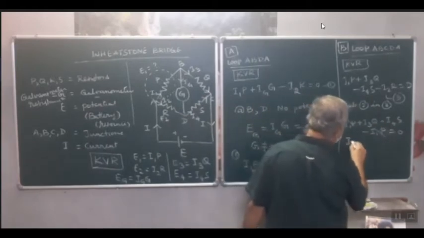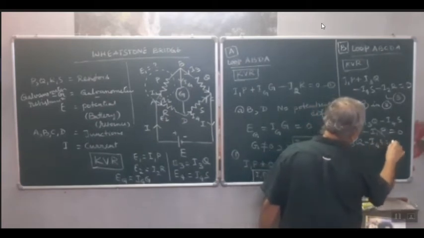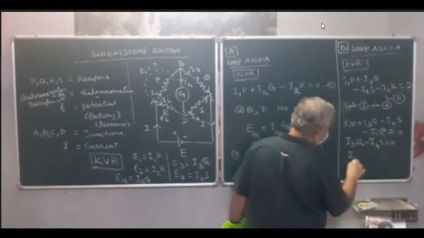Therefore, I3Q minus I4S is equal to 0. It means I3Q is equal to I4S.